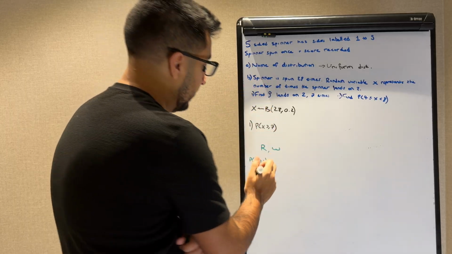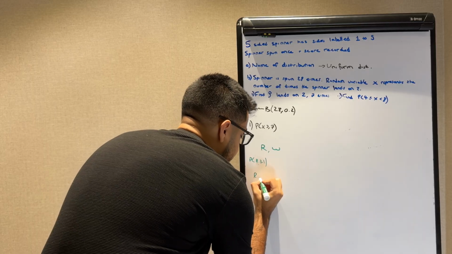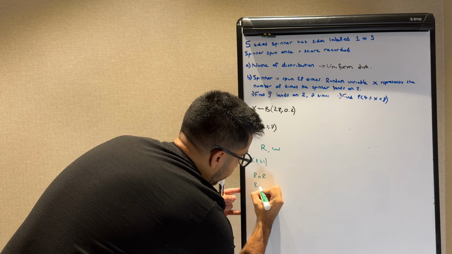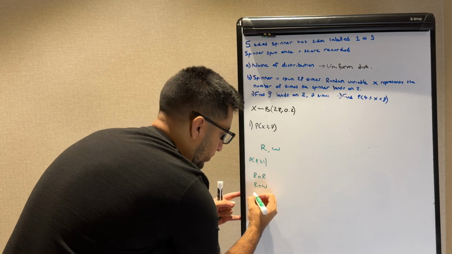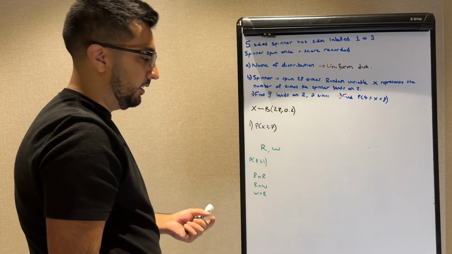You had 2 options. Well, if we think about it as a tree diagram, you can get red and red. That would give you at least 1. You can get red and white. That would give you at least 1. You can get white and red. That would give you at least 1.